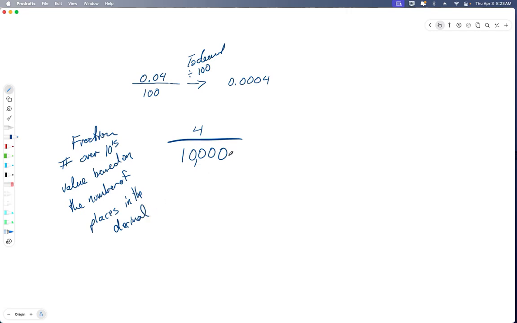So the tens value based on the number of places in the decimal is 10,000. And that's 1, 2, 3, 4 zeros, or places, right?